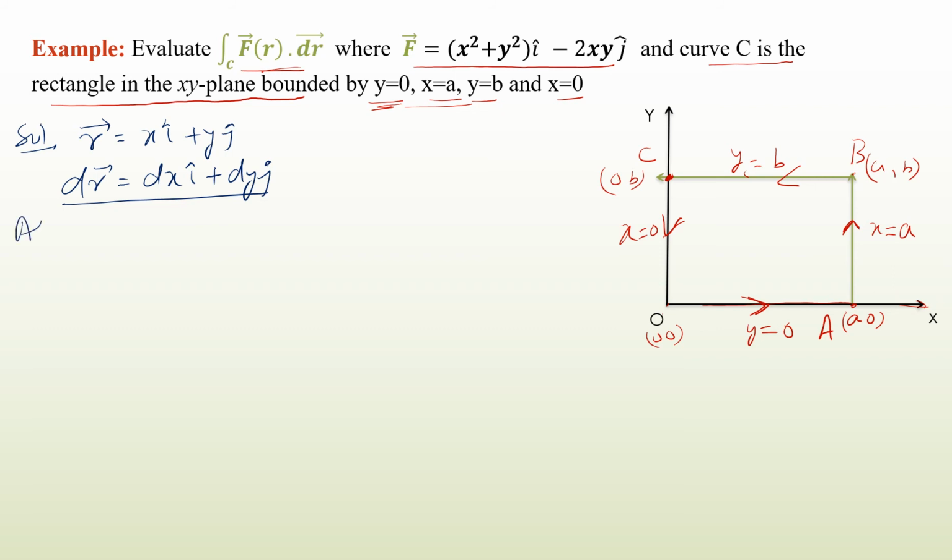First we take the line OA. Here on that line y is equal to 0, and x varies from 0 to a.